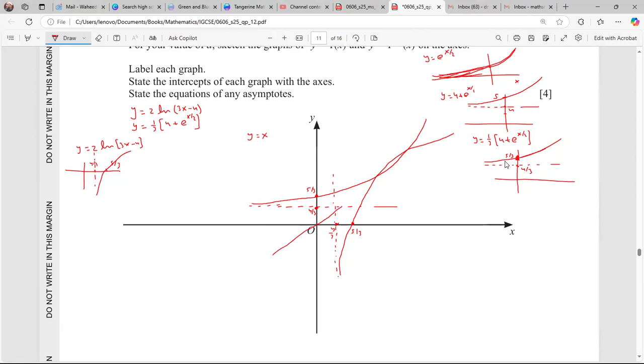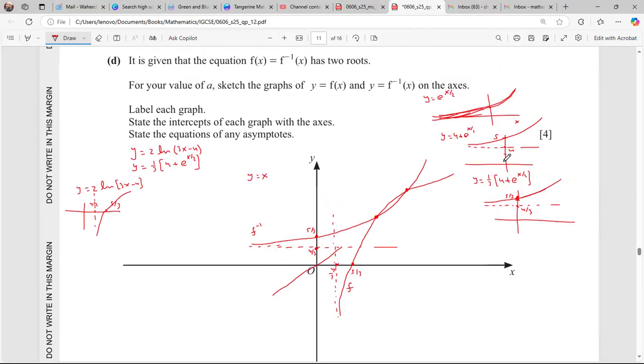So this function is the inverse function, and this is the given function, and they intersect at 2 points. Okay, so this was the question. It is given that it has two roots, so this is given to us for your value of a. Sketch the graph of this and this on this axis.